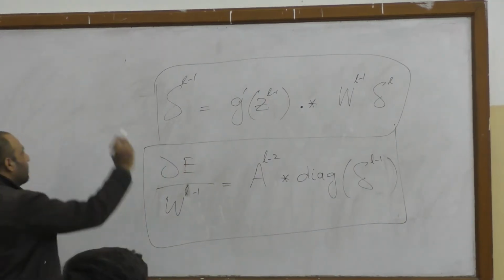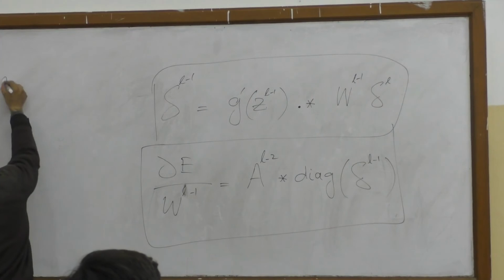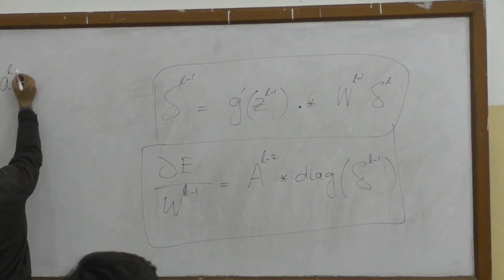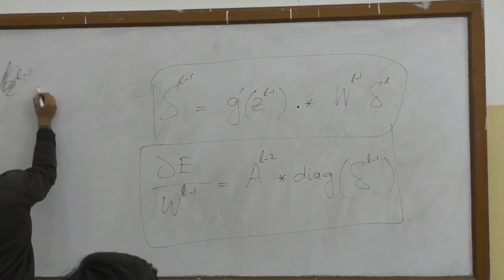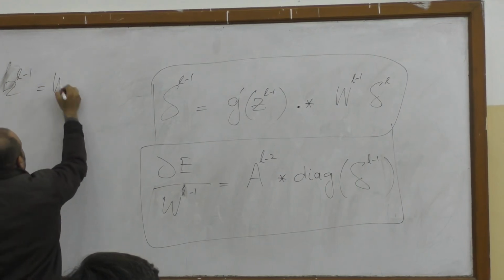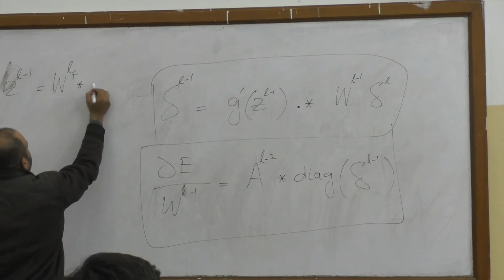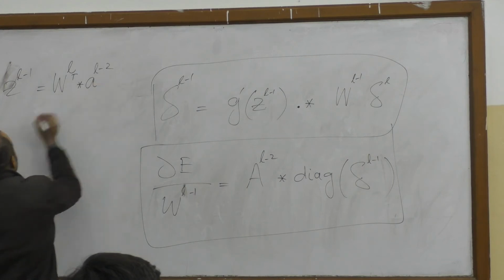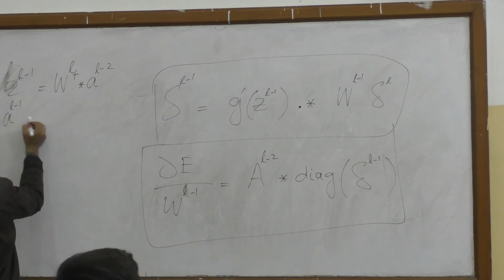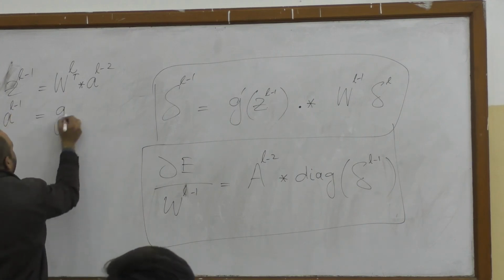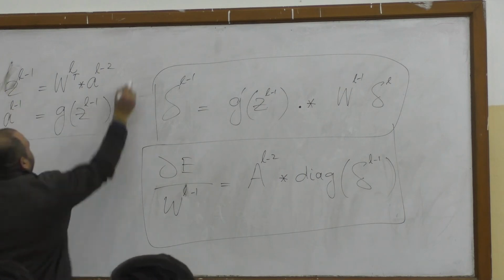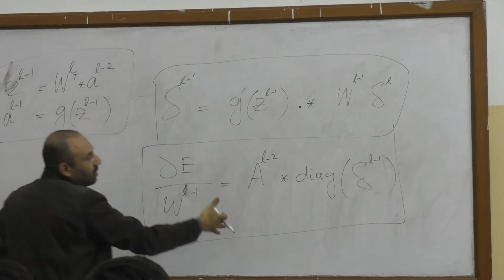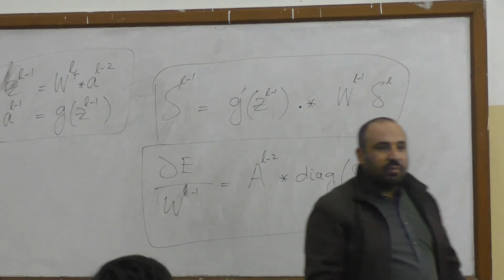And then the forward pass we know: Z of L minus 1 is W L transpose times A of L minus 2, then A of L minus 1 is equal to G of Z L minus 1. This is forward pass, this is backward pass. That's how we do it.